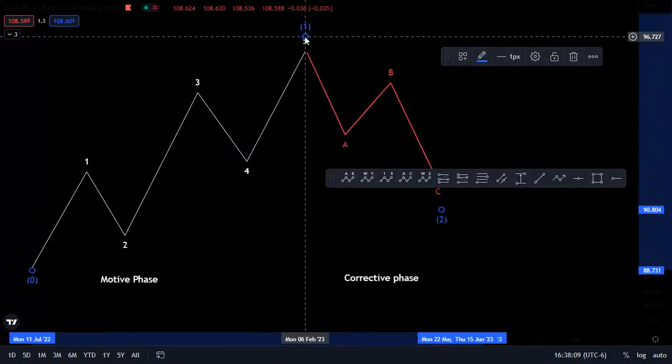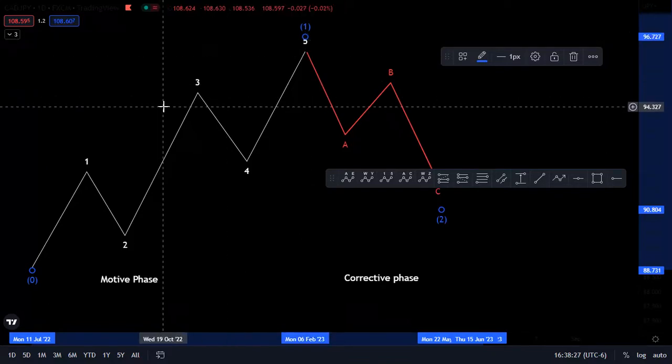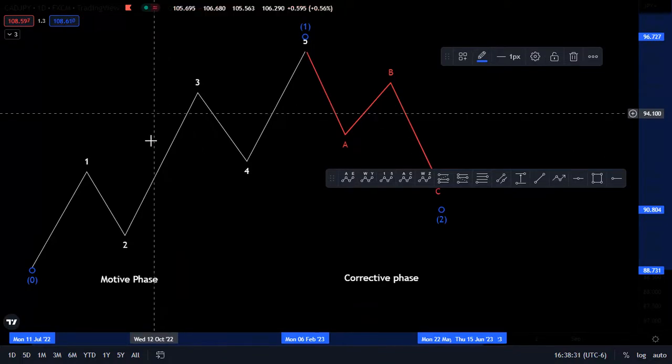So if we go back to the definition of a motive wave, it tells us that a motive mode is a 5-wave structure. We earlier identified wave 1, 3 and 5 as being under the motive mode, which by definition is a 5-wave structure.